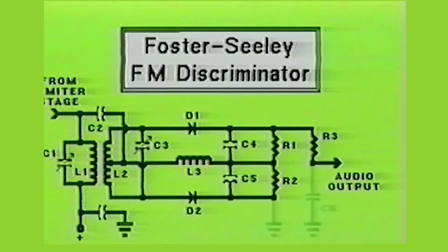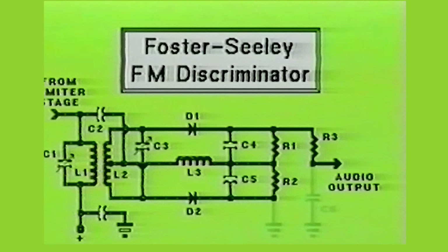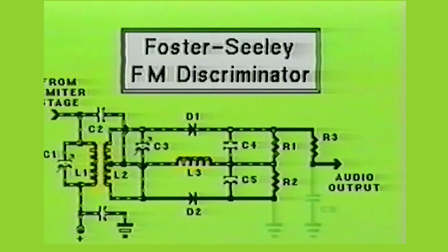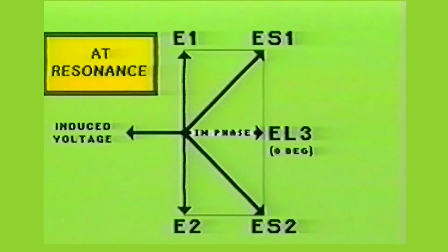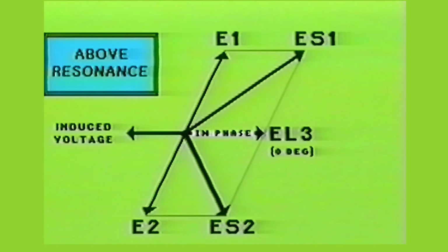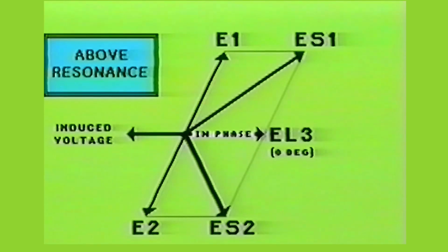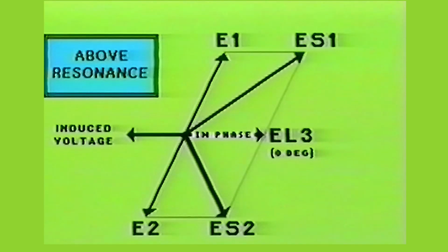Now let's see what happens when the FM signal deviates above the resonant frequency. As you can see from the vector diagram, when the incoming FM signal deviates above the resonant frequency, the inductive reactance of L2 will become greater than the capacitive reactance of C3.